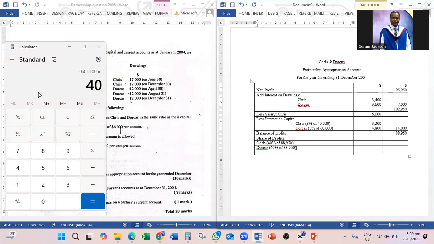So 40 divided by 100 multiplied by 88,950, and you get 35,580.